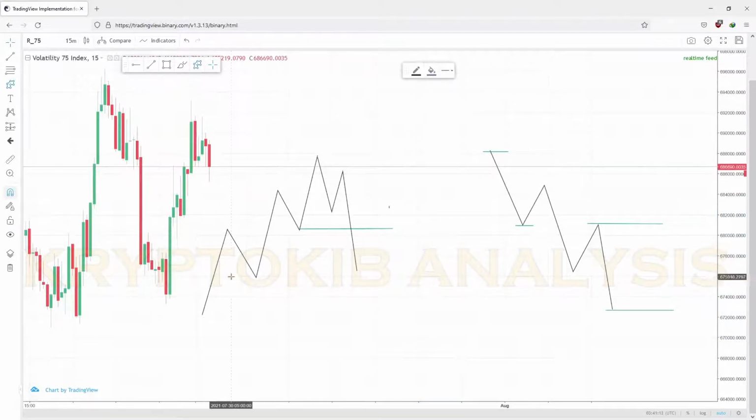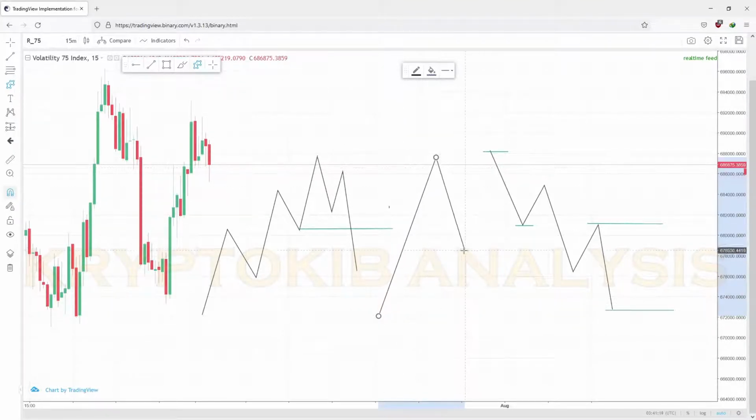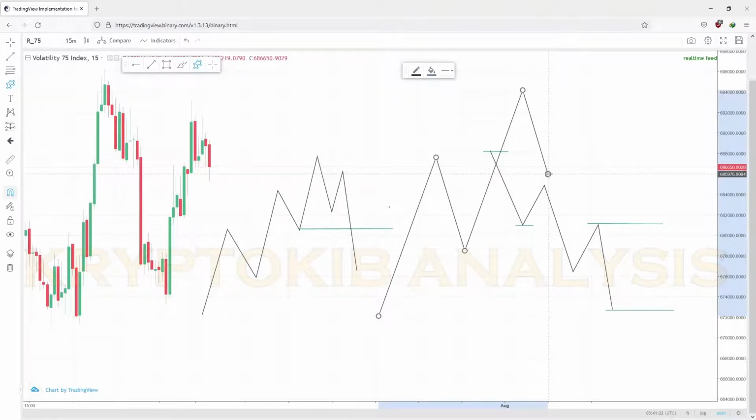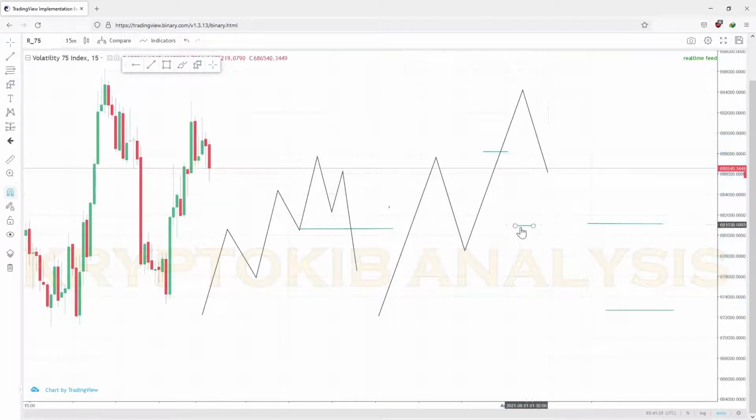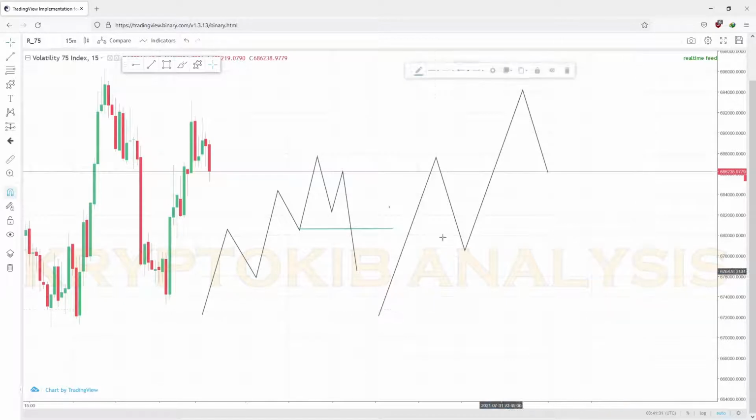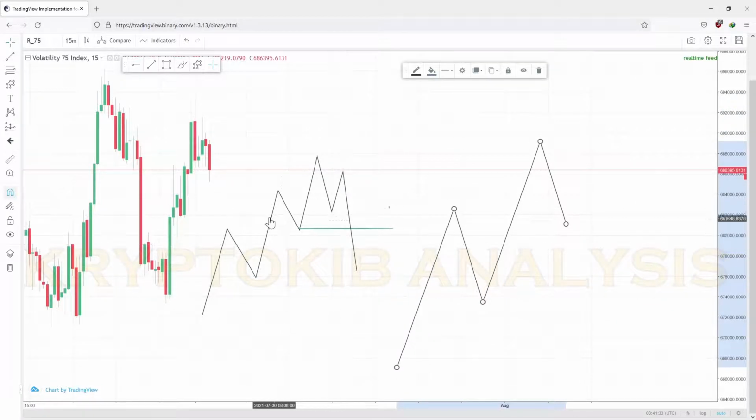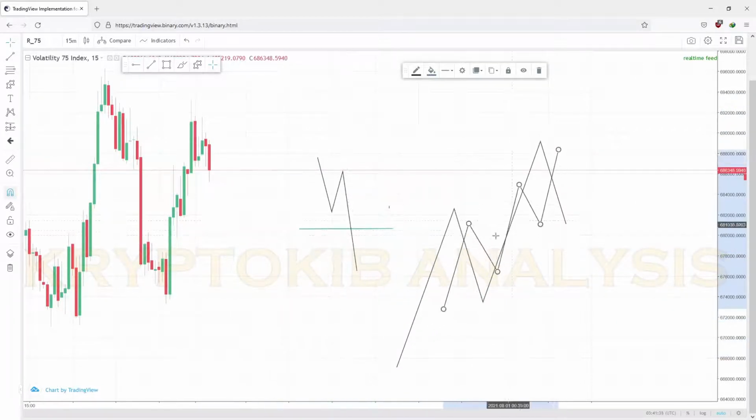So assuming we have the move like this, assuming we have this move on the daily time frame. Let me remove this. We have that move on the daily time frame, and we have this move. Now we have confirmed.